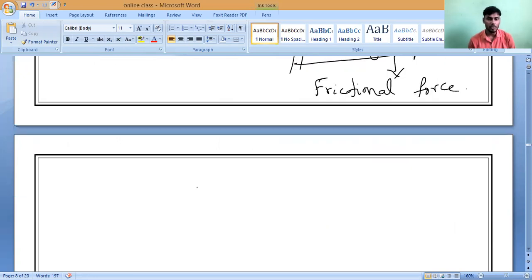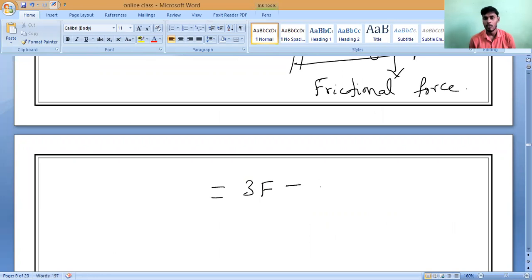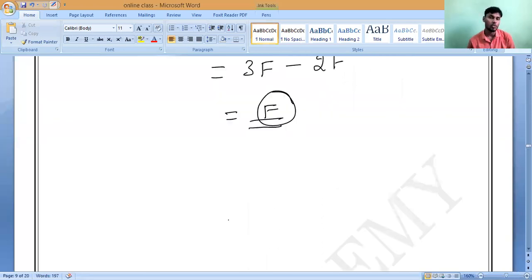So net force is 3F minus 2F, which equals F. Correct or not? Yes, sir. Till here, any doubt? Net force is equal to F.